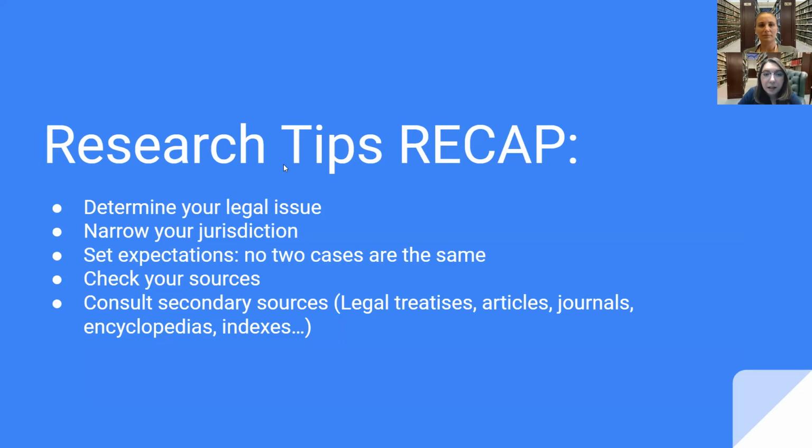So again, just a quick recap on our legal research tips. It would be to determine your legal issue, narrow your jurisdiction, set expectations with yourself and your client that no two cases are the same, check your sources, and consult secondary resources.